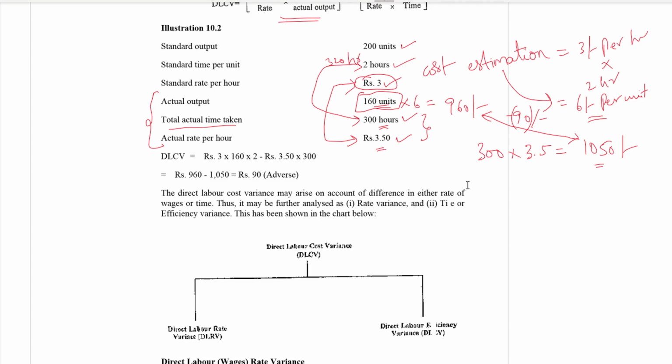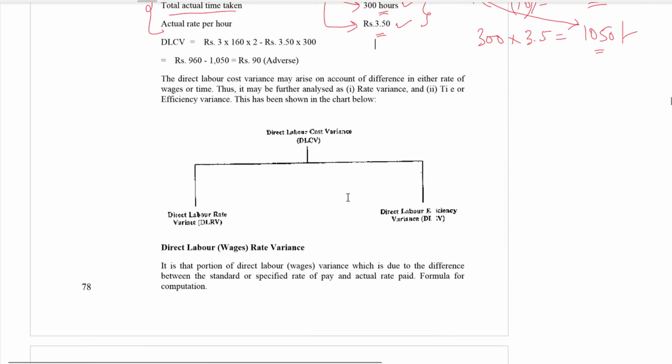Because of this, an adverse balance appeared in the input cost, right? So that is given here. Direct labor cost variance could be because of rate variance, that means changes in the wages, or efficiency variance, means changes in the time they have worked.